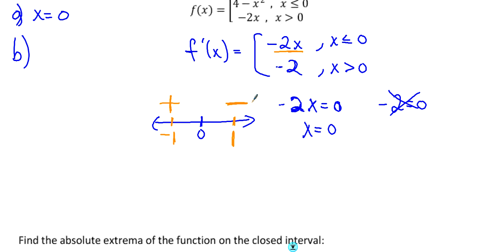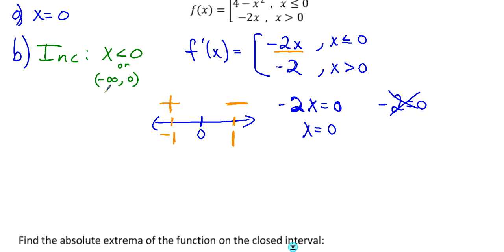If you remember from our earlier notes, when the slope is positive, my function is increasing, and when the slope or the derivative is negative, my function is decreasing. So this gives me my answer to part B. My function is increasing when the slope is positive, so that's when x is less than 0, or you could write it as negative infinity to 0.